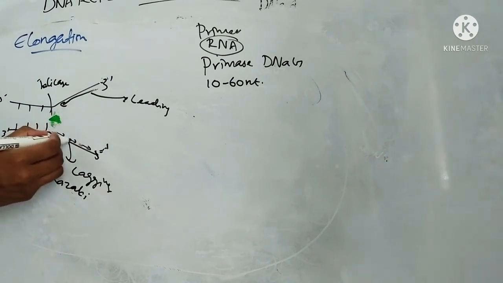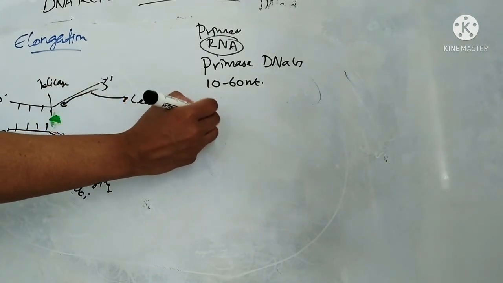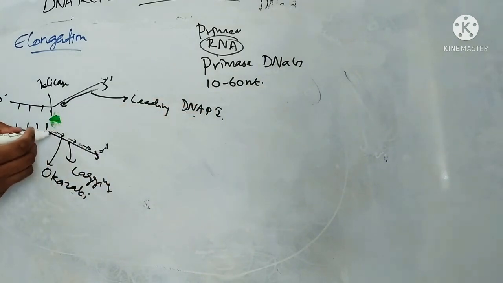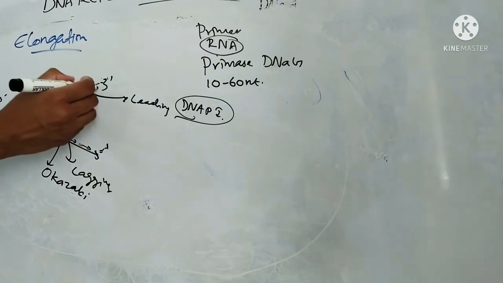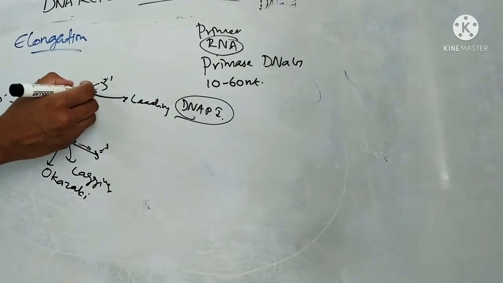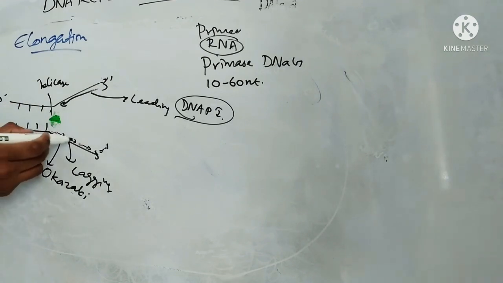After this, RNA primers are removed. This is removed by DNA polymerase 1. DNA polymerase 1 removes this RNA primer. That is the main function of DNA polymerase 1. Then if the RNA primer is removed, there will be a nick or gap.